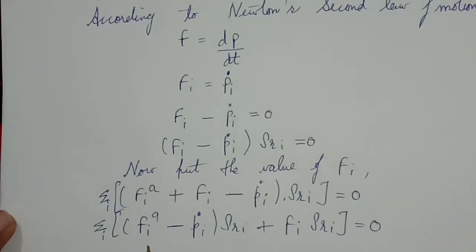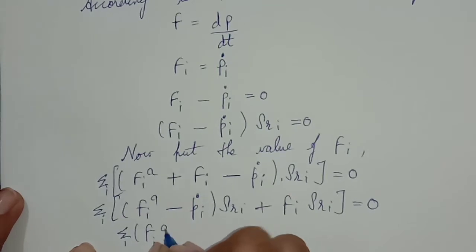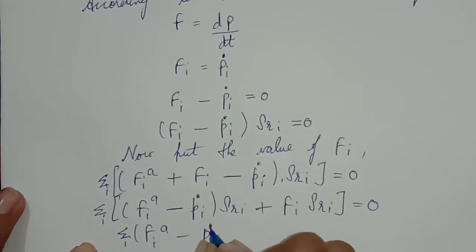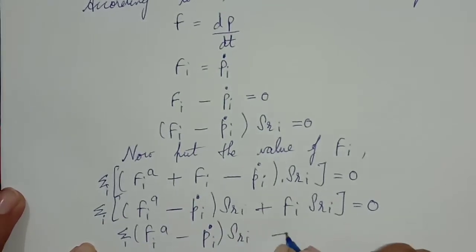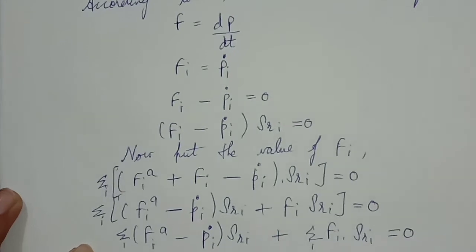This is our difference of applied force and momentum, which is the change in momentum, and this is our constraint force. So we can write summation i (Fia minus pi dot) dot delta Ri plus summation i Fi dot delta Ri equals 0.